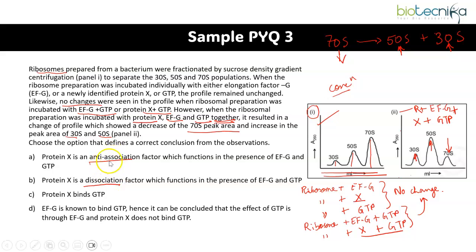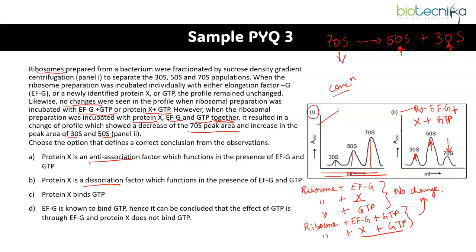See, if this would have been an anti-association factor, then protein X would stop the formation of any new 70S. But here it did not happen like that. Instead, whatever 70S component was already there in the first profile was broken down into its subunits, which is possible when protein X is a dissociation factor.